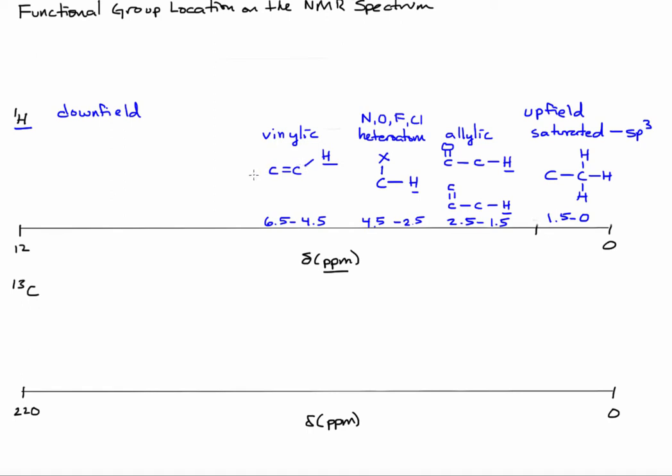So another vinylic type hydrogen are the aromatic hydrogens. So hydrogens bonded to a benzene ring. So sp2 hybridized, these are called aromatic. These occur between 8.5 and 6.5.